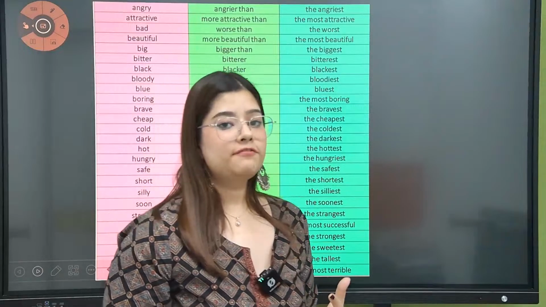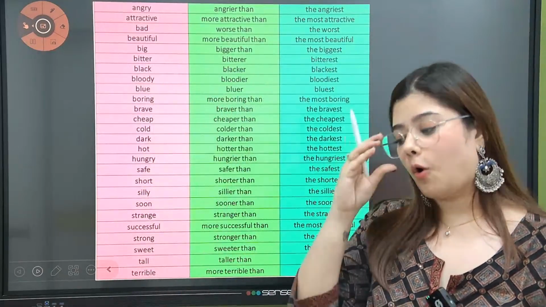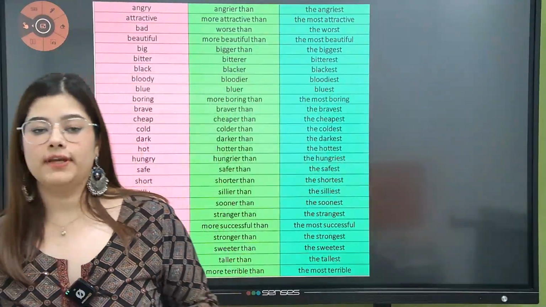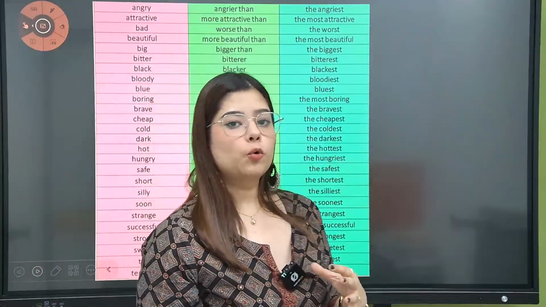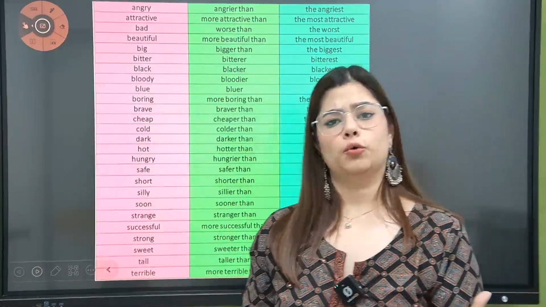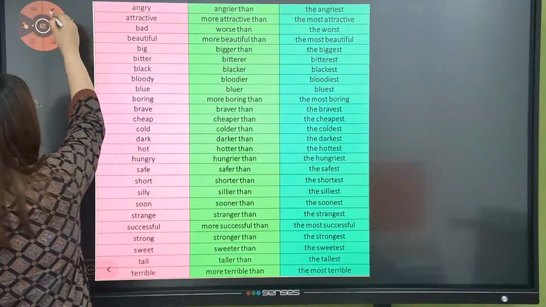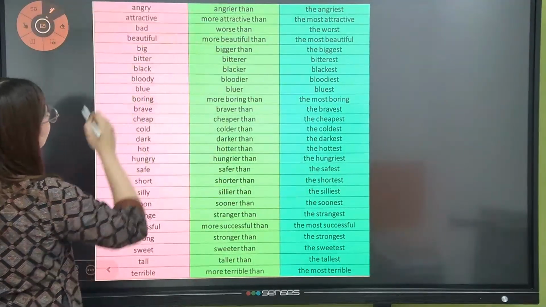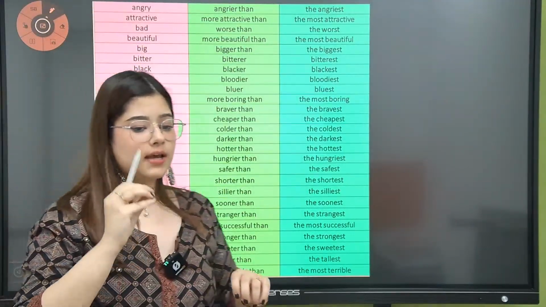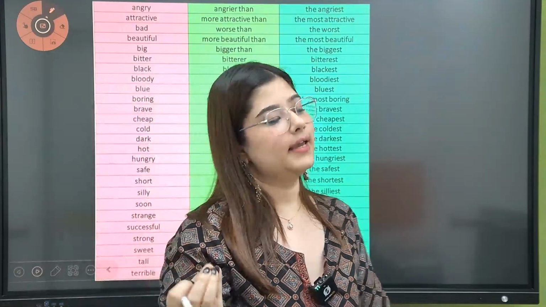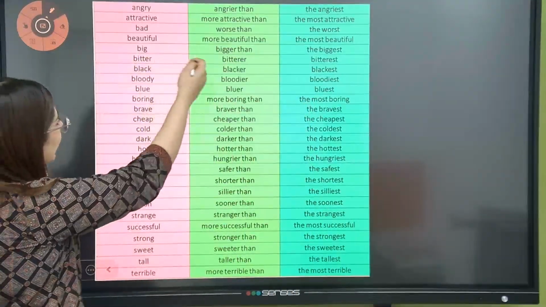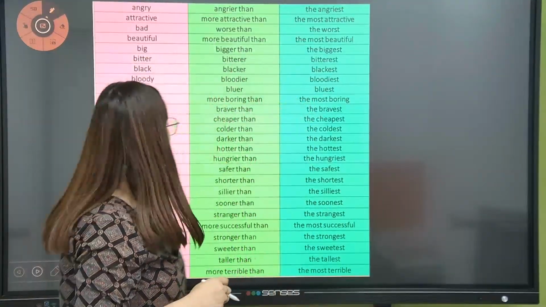Next, the comparative and superlative degree of an adjective, right? When we need to compare two things or two people, or more than two things or two people. So there will be two categories, actually three, if we talk about it. First is just adding IER or IEST, right? Angry, angrier, angriest, okay?